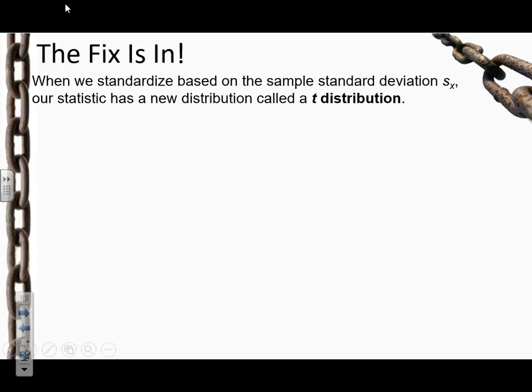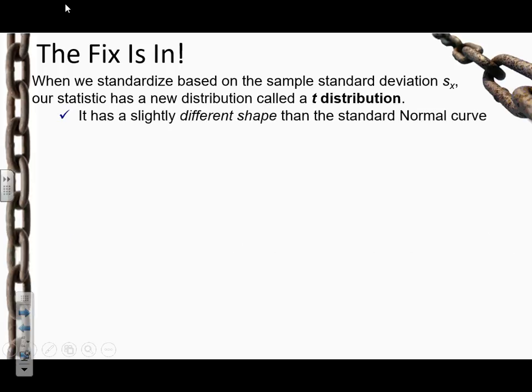So we're working with an entirely different distribution. We're no longer working with the normal distribution. Now we're working with a t-distribution. This t-distribution has a slightly different shape than the standard normal curve. The difference isn't extremely vast. It's not a huge altering difference.